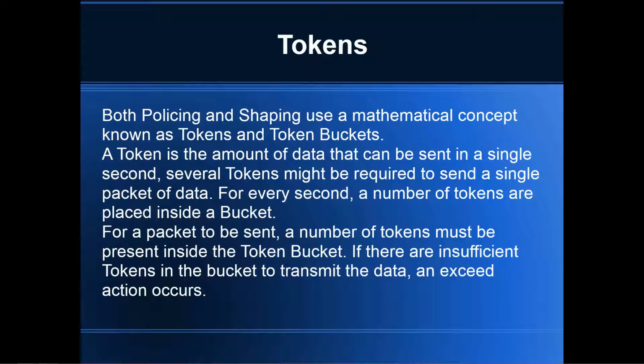So how does policing and shaping really take effect? It's actually based off of a token and token bucket. What ends up happening is it allows you to start placing packets, or a portion of a packet, as a token into a bucket. Once the bucket is full, that queue is then sent.